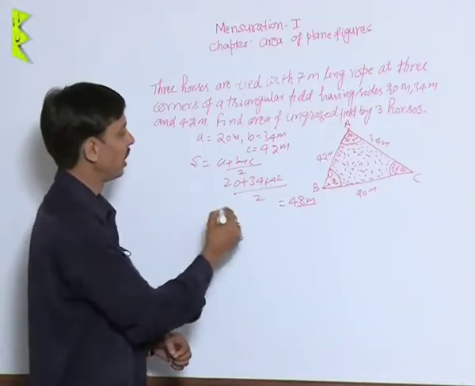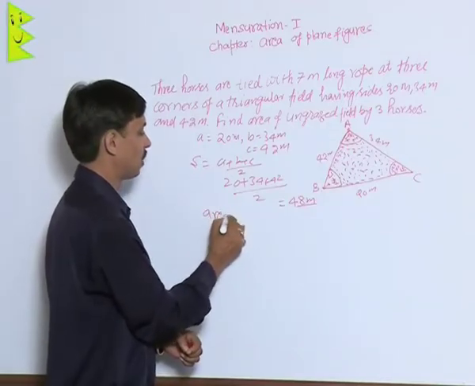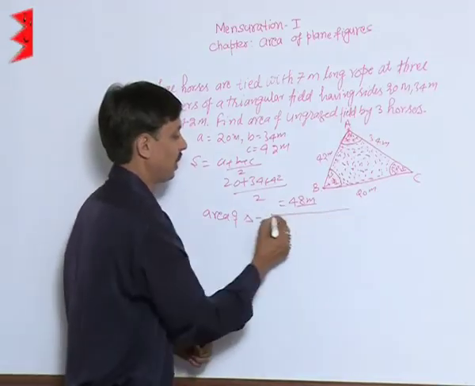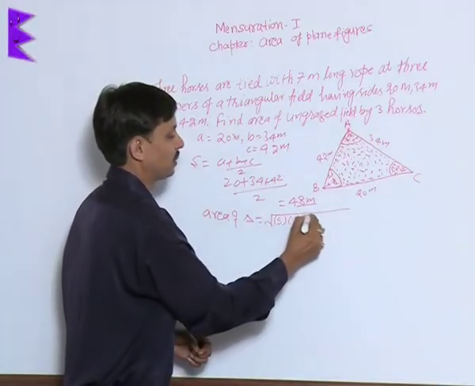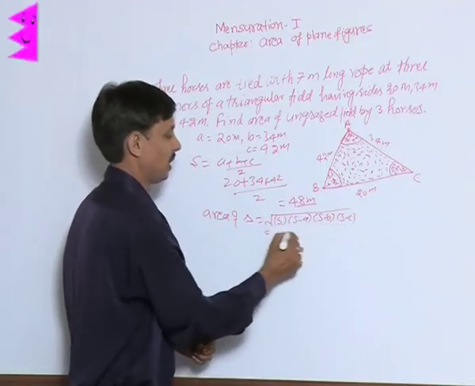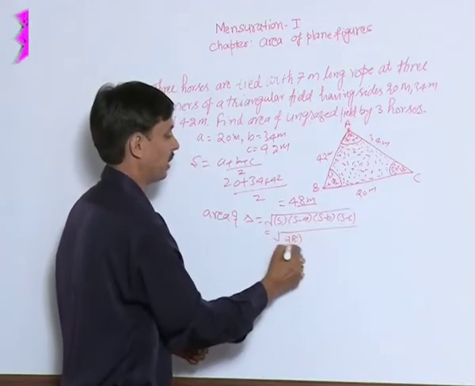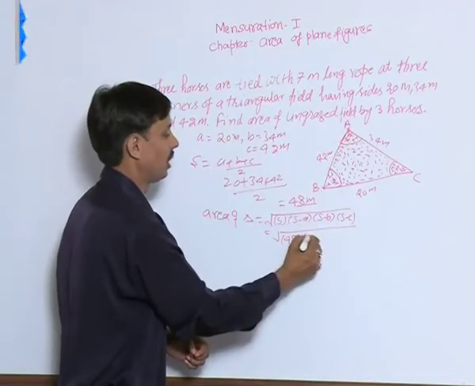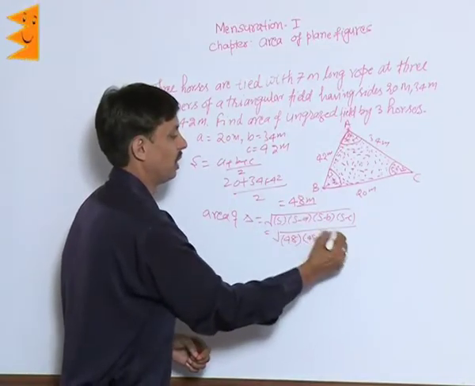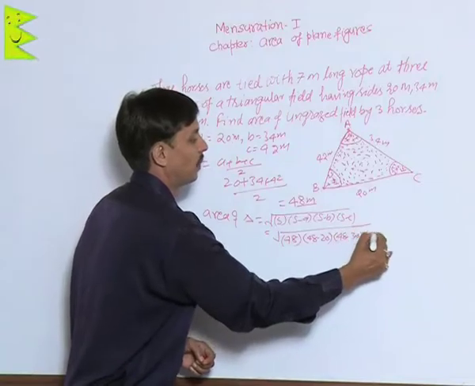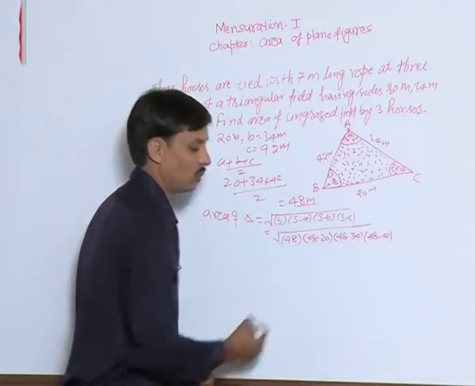We know that area of triangle by using Heron's formula is equal to root of S into S minus A, S minus B, S minus C. That is, S is 48, S minus A is 48 minus 20, then 48 minus 34, and then 48 minus 42.